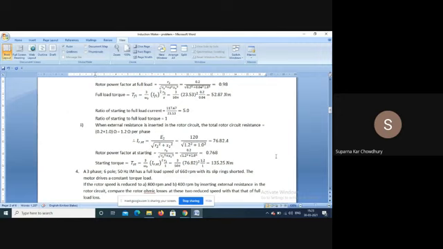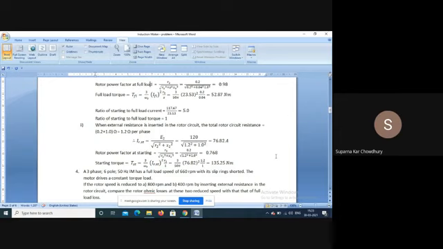Now what happens to the power factor? If you take R2 by the total impedance, the power factor is equal to 0.768. The power factor also improved because resistance has been inserted.